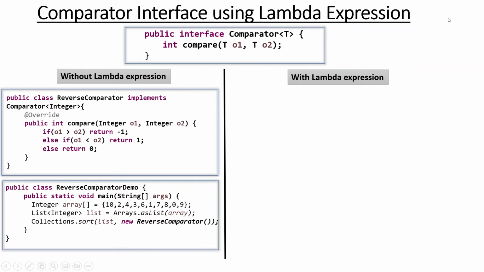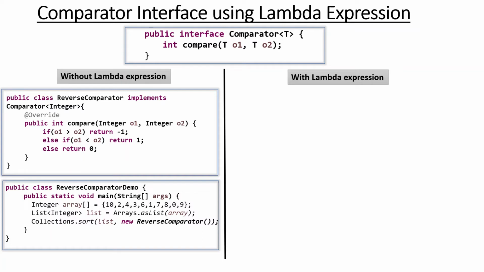Now you can see Collections.sort takes two parameters. First, the list to be sorted, and second, the custom comparator. So in this way, we have written an implementing class for the comparator, and then we have instantiated the object of that implementing class so that we can call the method compare from this interface.